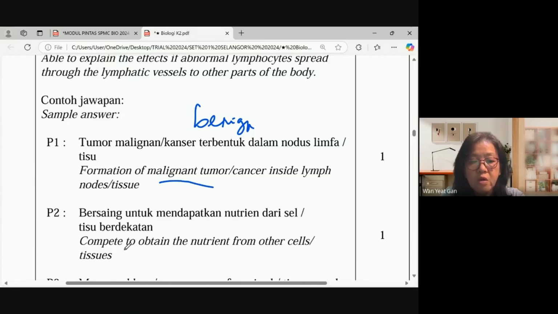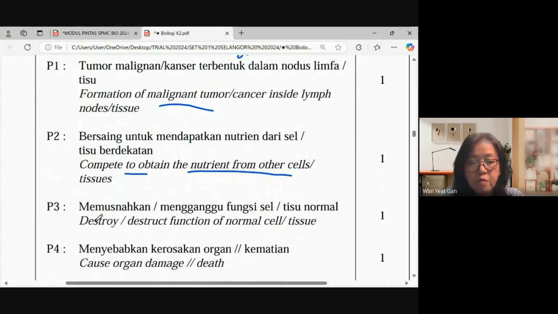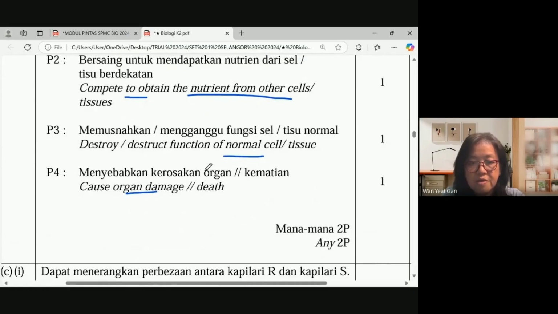It will compete with other cells to obtain nutrients from them. So that will destroy the function of the normal cells, causing organ damage. Since the cells are all dead, the organ will be damaged.